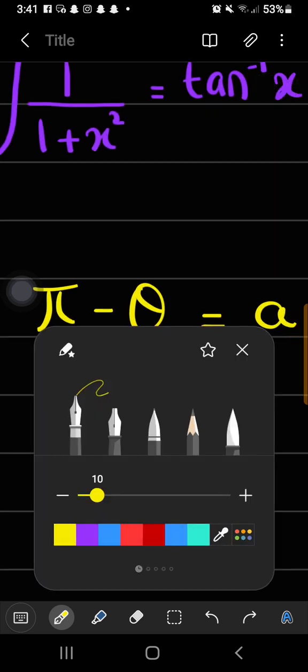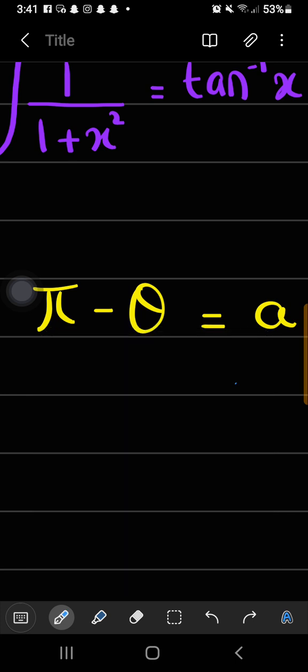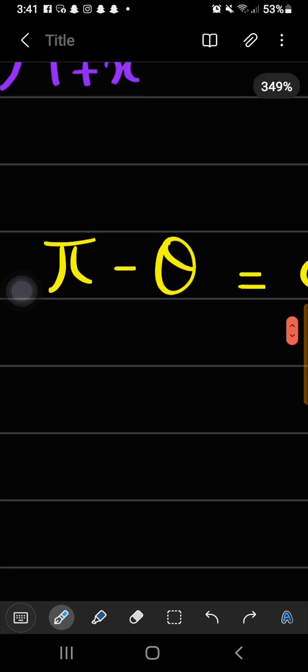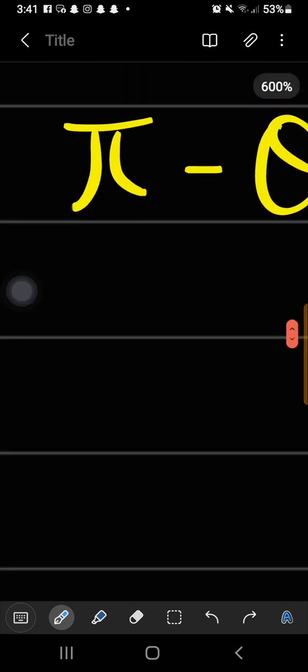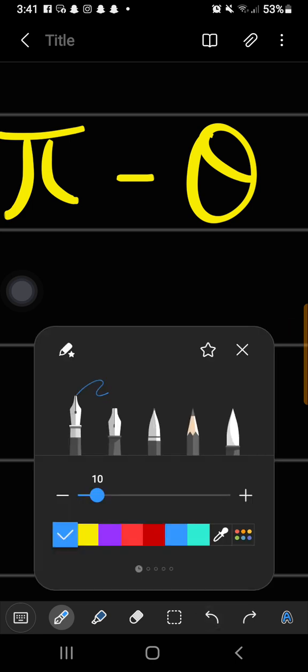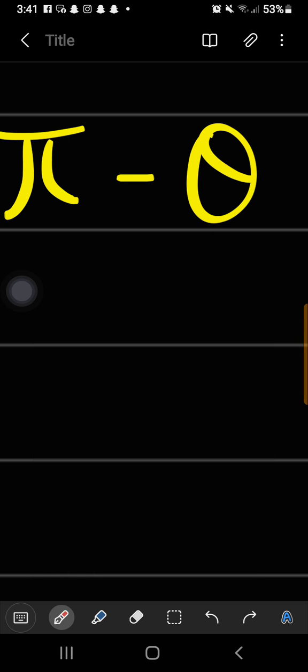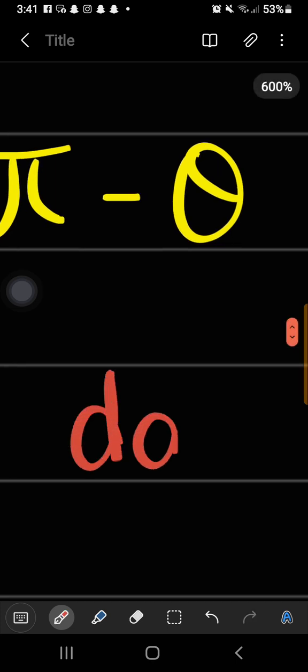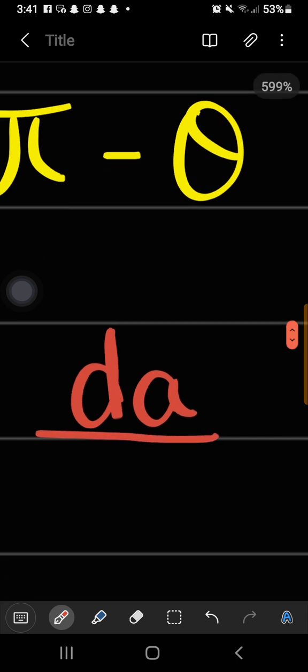Let me change the color. So we will differentiate this, dA over d theta.